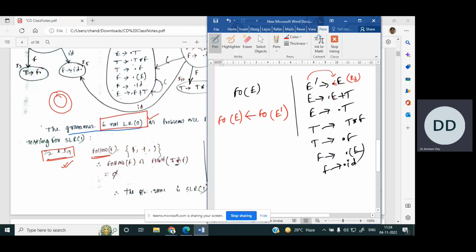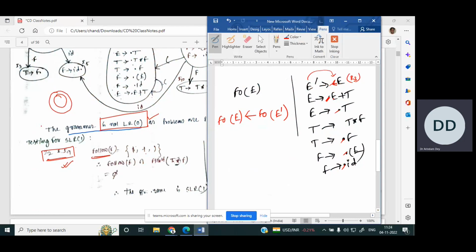If you don't want to consider this dot operator, then also you may not consider it. No problem, because here our intention is to calculate the follow, not the moving of the dot operator. So better you forget the dot operator over here and only consider this segment. So E dash to epsilon E, follow of E dash is coming to follow of E.